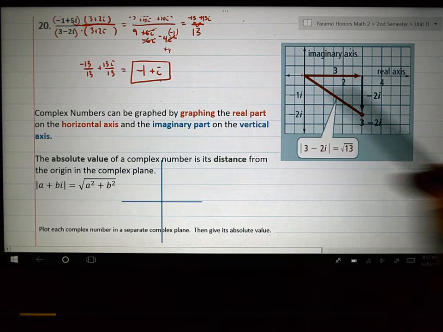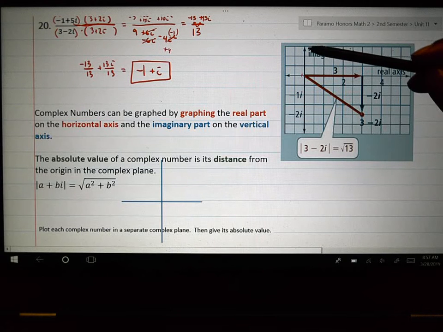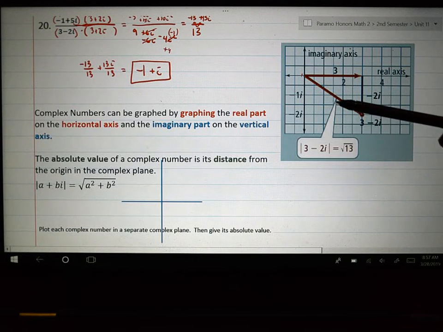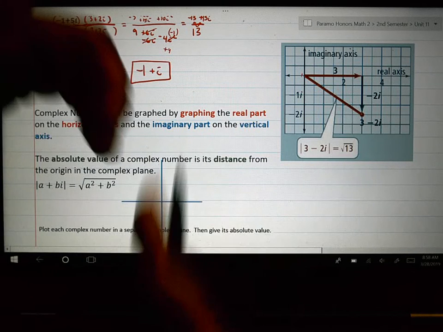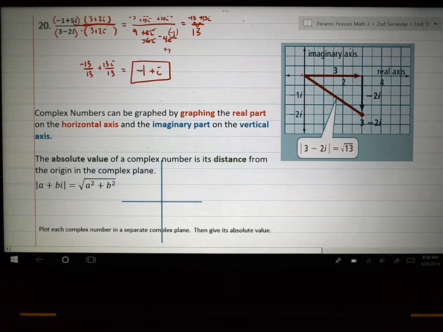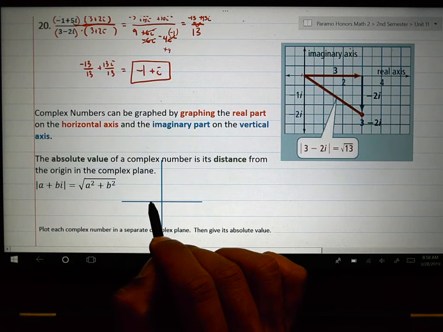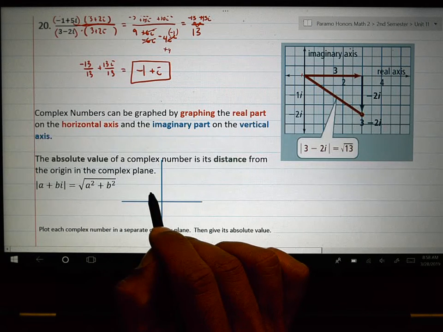Instead of going up or down by 1, 2, and 3, we go up by 1i, 2i, and 3i and down by negative 1i, negative 2i. Our y-axis then becomes the imaginary components. So if I were to graph negative 1 plus i, I would go to the left 1 unit and up 1i unit. It'd be just a dot right here.